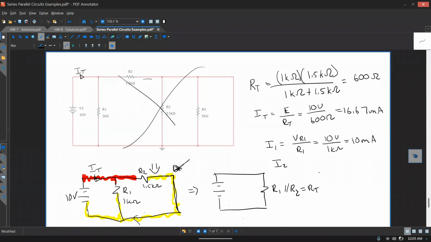I2 equals VR2 divided by R2, which equals 10 volts divided by 1.5 kilo ohms, which is going to be 6.67 milliamps.